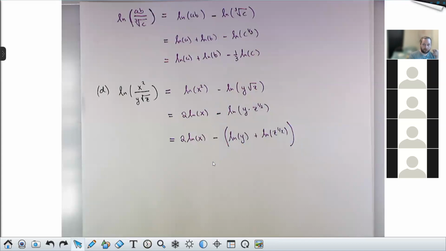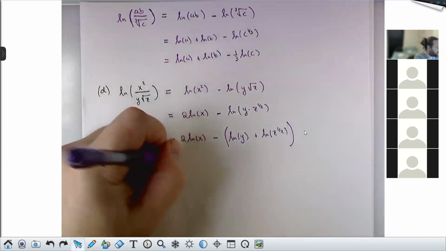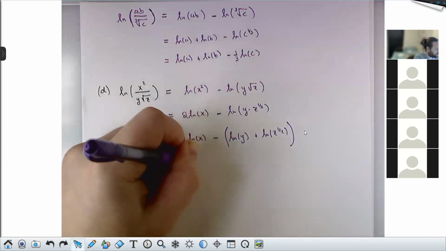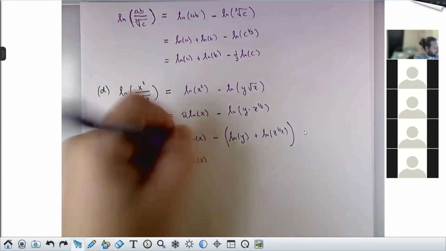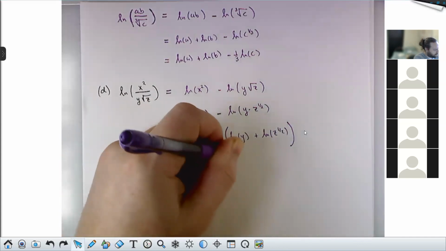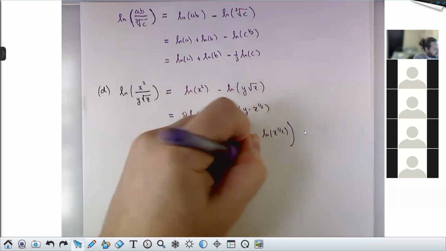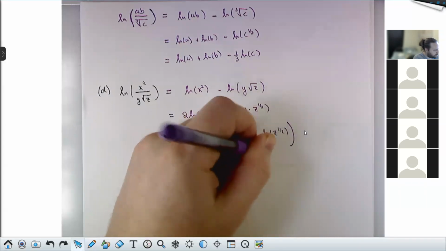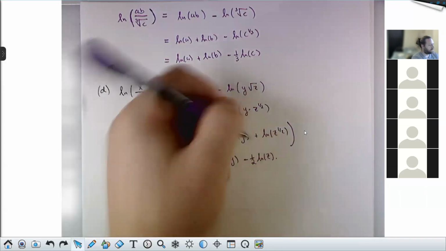And that little mental check, did this term come from downstairs? Yeah, it did. That was the square root of z downstairs. So I know it needs to be negative in the expanded version. So distributing that negative and pulling down the 1/2, we get this.